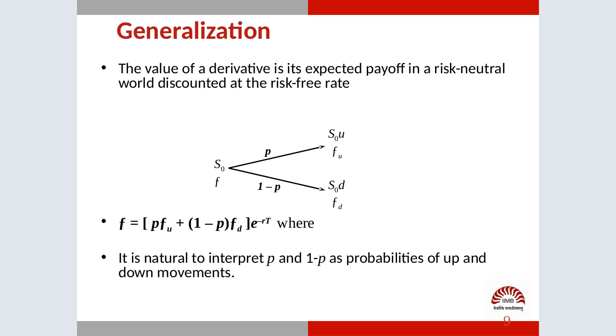Once I solve for P, I can then go back and apply it on the F structure. So for the same story, F should be equal to P times Fu plus 1 minus P times Fd, the discounted value of that, which is essentially what the black line is. Right? Now, let me show it to you with numbers.